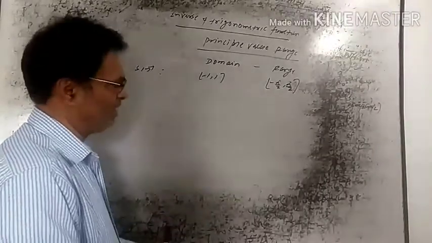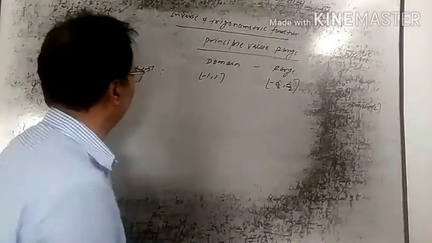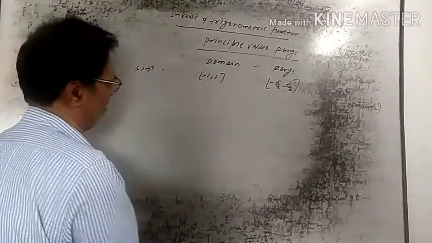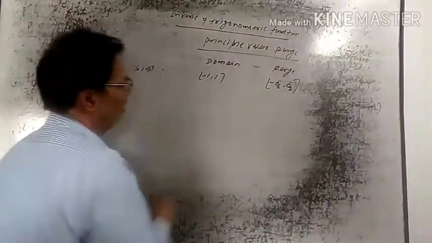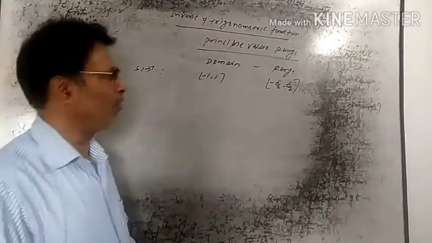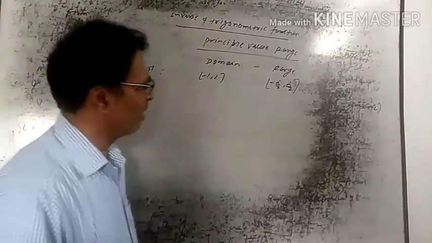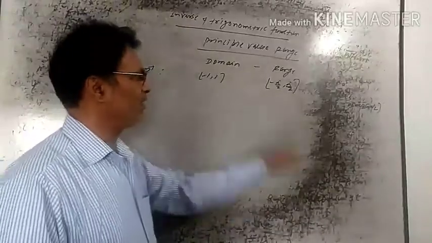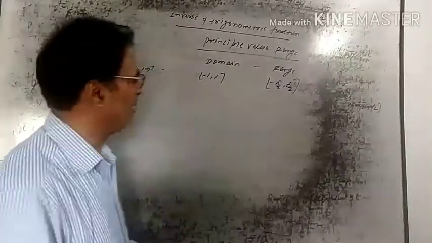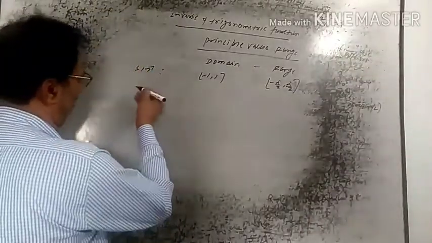Therefore sine inverse x exists, and sine inverse function is always defined from the closed interval minus 1, 1 to the closed interval minus pi by 2 to pi by 2. So the principal value range of sine inverse function is the closed interval minus pi by 2 to pi by 2.